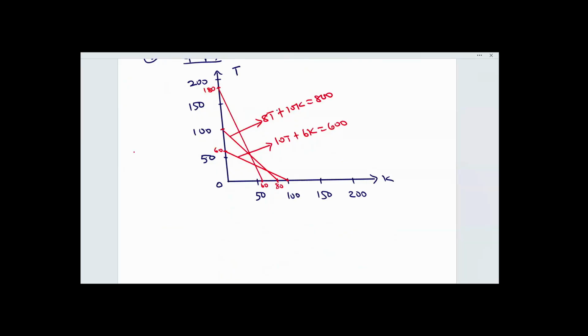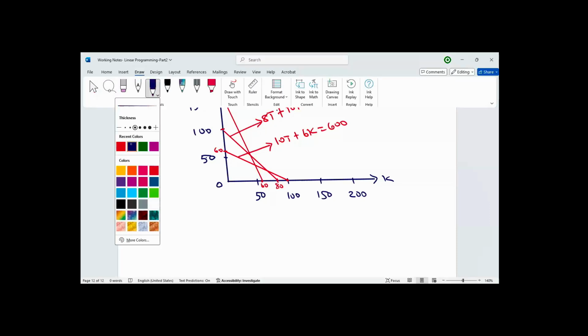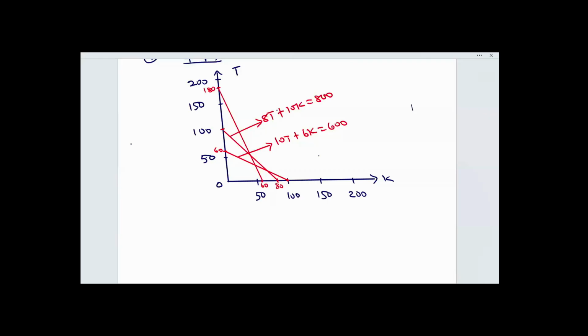Let me change the color so that the arrow will look different. Okay. This is equation. This one is for this. Let me remove the old one so that the point of arrow will be clearer. Okay.